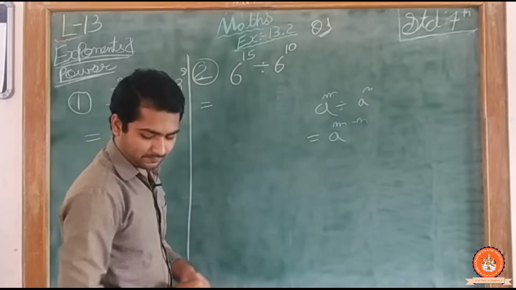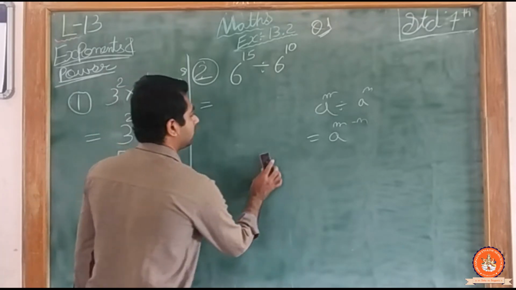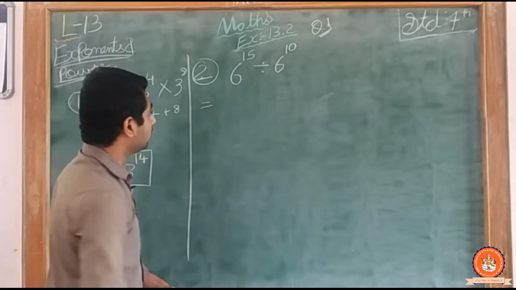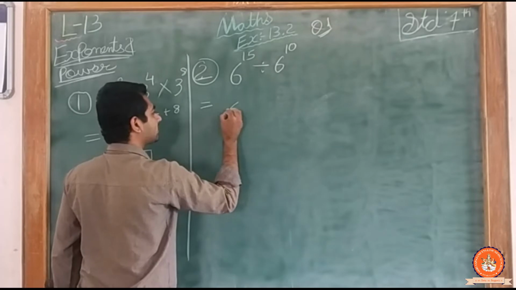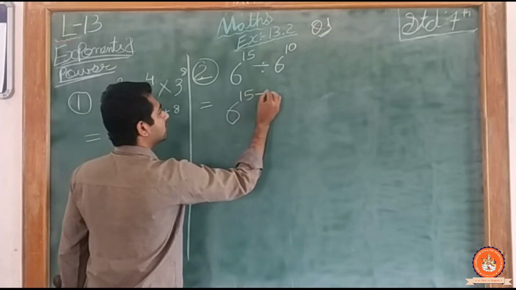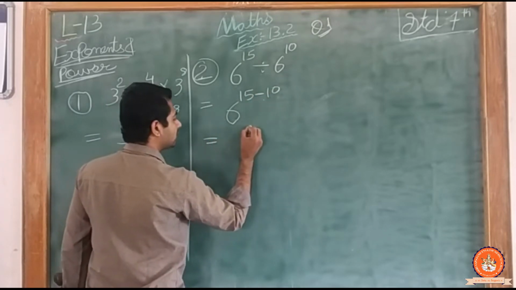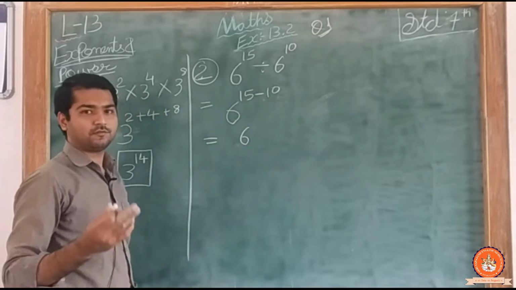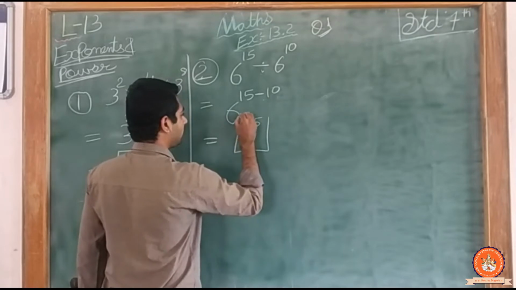So the bases are the same, I will write 6, and the division means minus 10. 15 minus 10 is 5. So 6 raised to 5 is my answer.